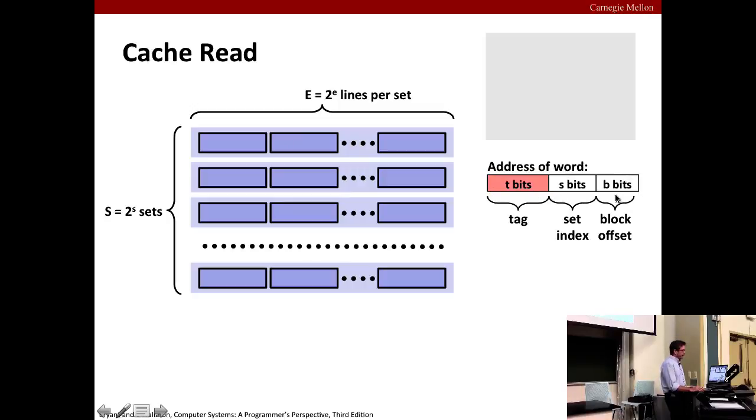And it divides the address into a number of regions which are determined by the organization of the cache. They're determined by those parameters: S, the number of sets, E, the number of lines per set, and B, the size of each data block. So the low order b bits determine the offset in the block where the word starts.